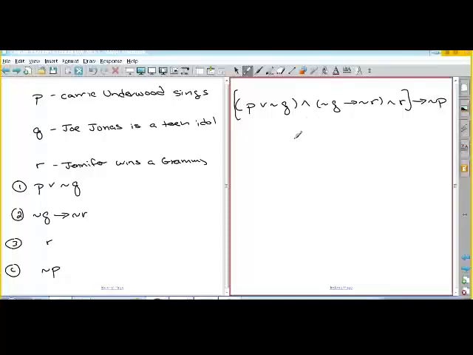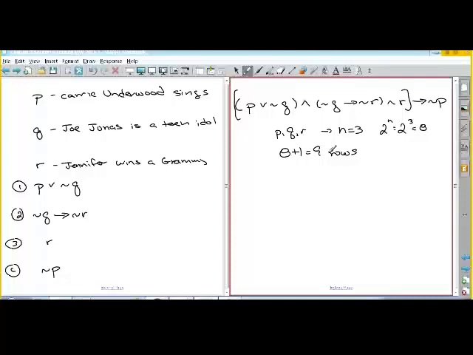So we need to determine how big a table we need now. Since we have P, Q, and R, that means N is equal to 3. So we have 2 to the N, or 2 cubed, which is 8. And then we take 8 plus 1 equals 9.